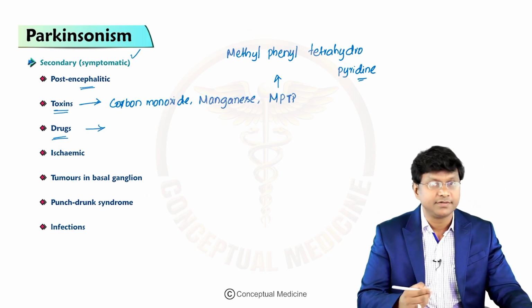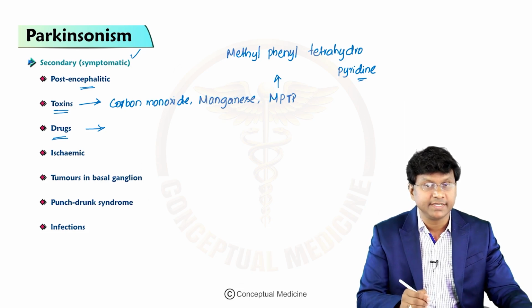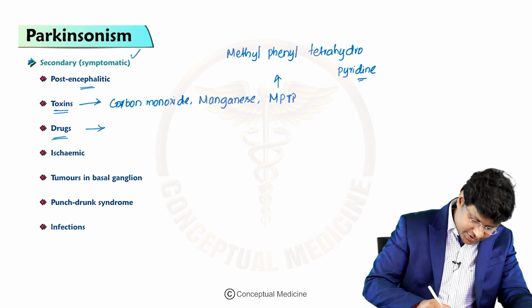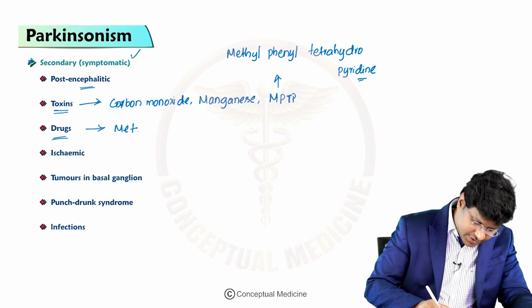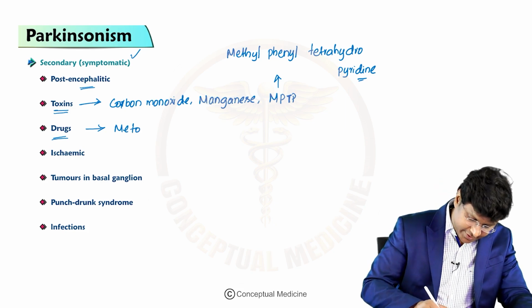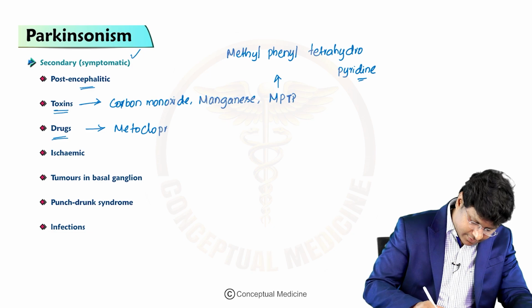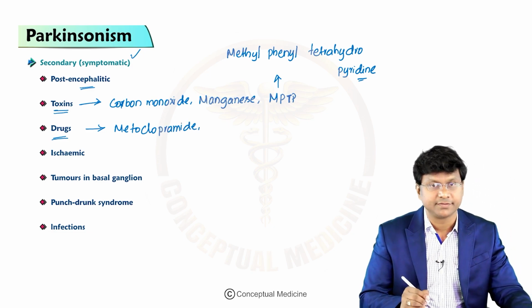Then the drugs which cause Parkinsonism include metoclopramide, which is a dopamine receptor antagonist and also an anti-emetic drug.